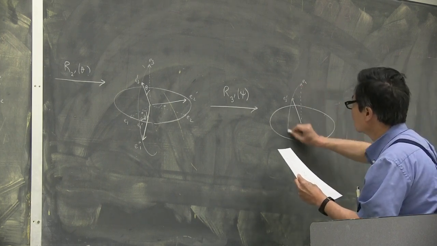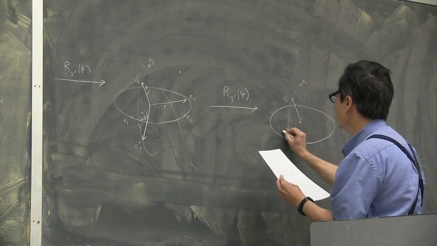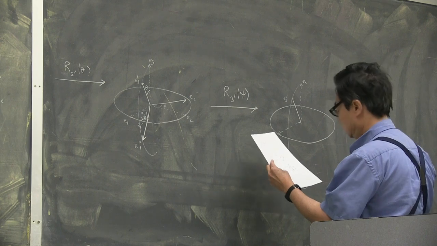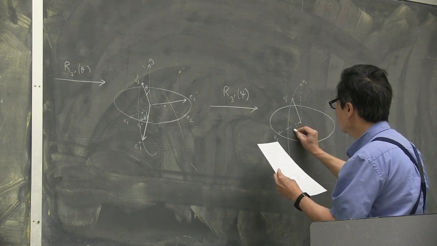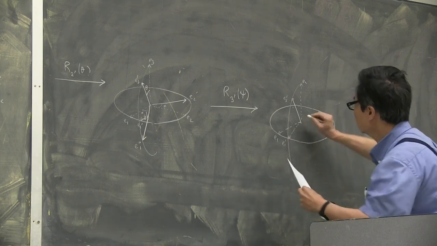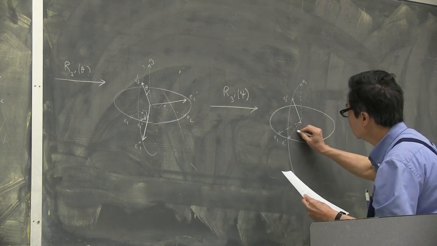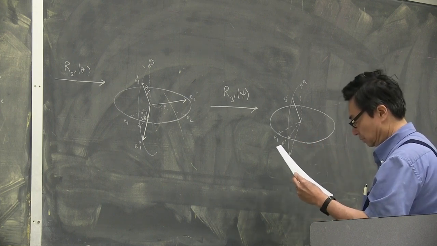Let me just go like this in here, and then this one will be the original E1. This one will be the E1 prime. This one will be the E1 double prime.